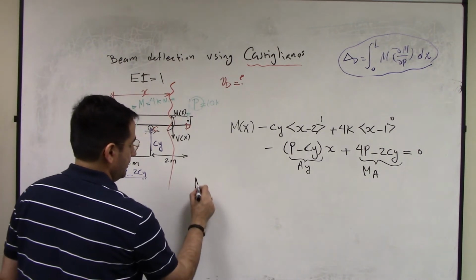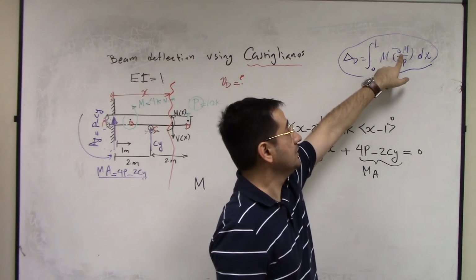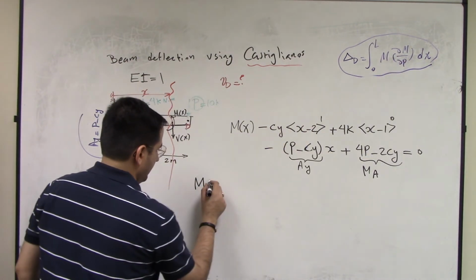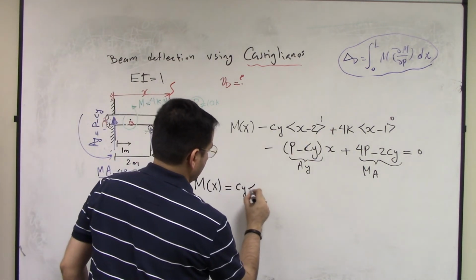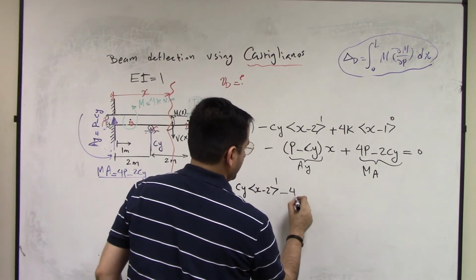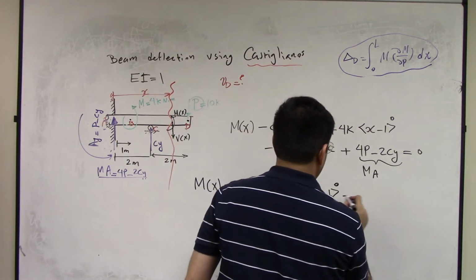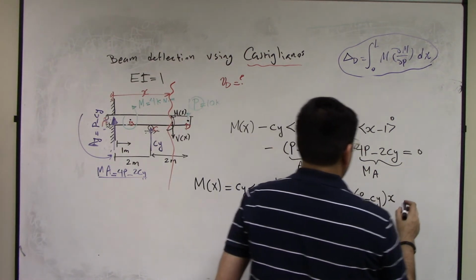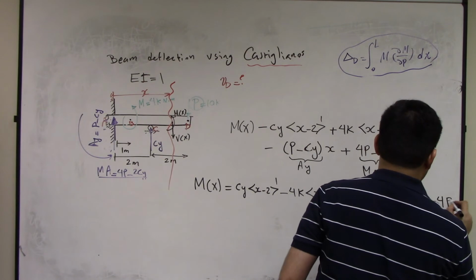So Mx, all I need here is Mx multiplied by the derivative of Mx with respect to P, not x with respect to P. So my Mx, the first iteration I need is this. Take everything right: CY times x minus 2 to the 1, plus negative 4k times x minus 1 to the 0, plus P minus CY times x, plus 2CY minus 4P.